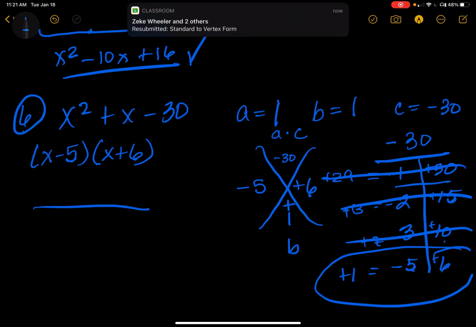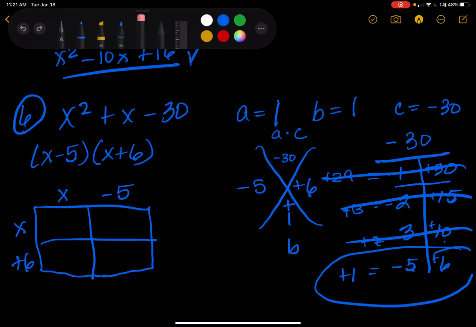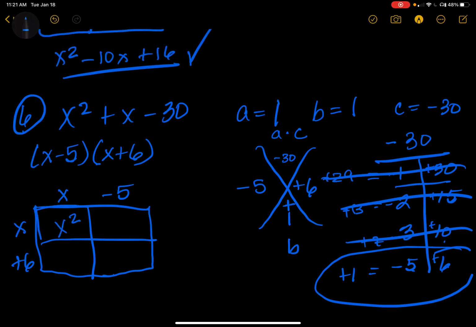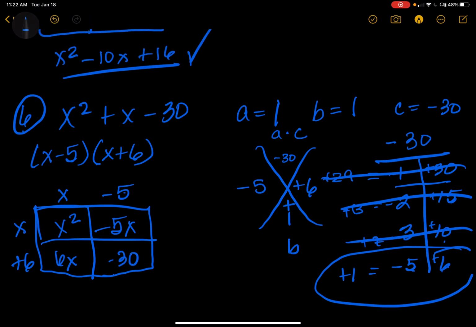Check our work. x minus 5, x plus 6. So applying our area formula, we've got x times x, which is x squared, x times a negative 5, which is negative 5x, x times 6 is 6x, and then 6 times a negative 5, and that is a negative 30.